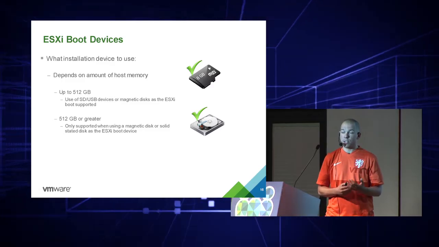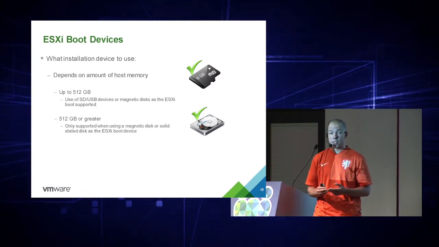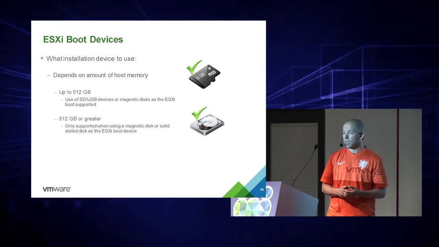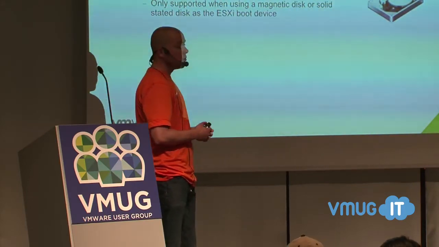Now, the scratch disk by default is something that's used by ESXi, and it can either be in memory or on disk. So depending on the amount of memory you have available in your system, there is a specific architectural decision to be made in terms of the boot device to be used. Any host that has more than 512 gigs of memory, it's mandatory to use a rotating media, so a magnetic disk, as a boot device for virtual SAN.